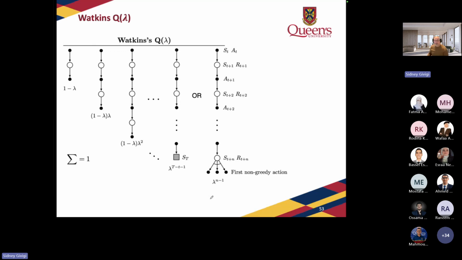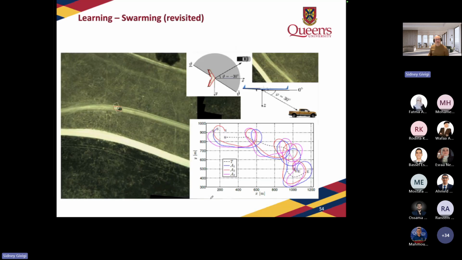Let's revisit that example that I showed you before, this learning using the swarm, right? So this is the same problem as we have seen before. And I want to show you everything that is actually implemented in here and how we can take advantage of all these problems, right?